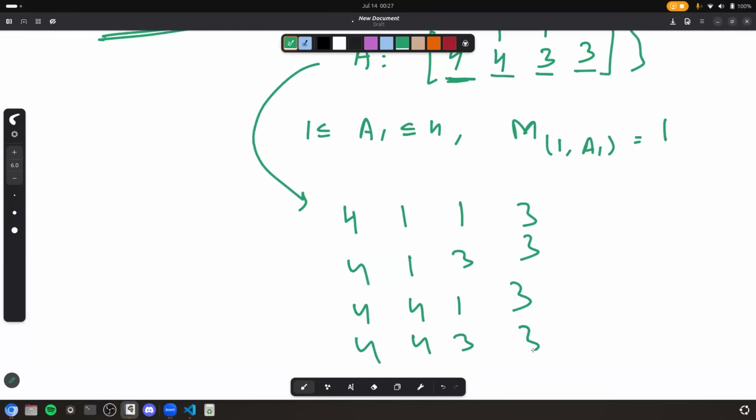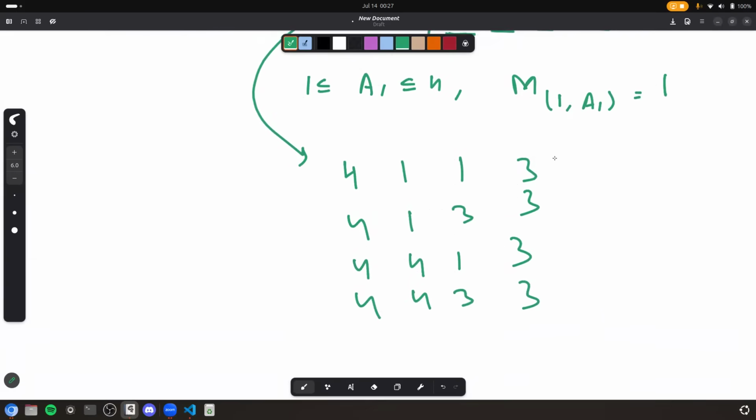And now we need to calculate how many good arrays are in this. For the first array, if we multiply these two by -1, it would become -7, and -7 plus 2 is -5. So this is a good array. Second, again, we can just take the last two, and it will be a good array.